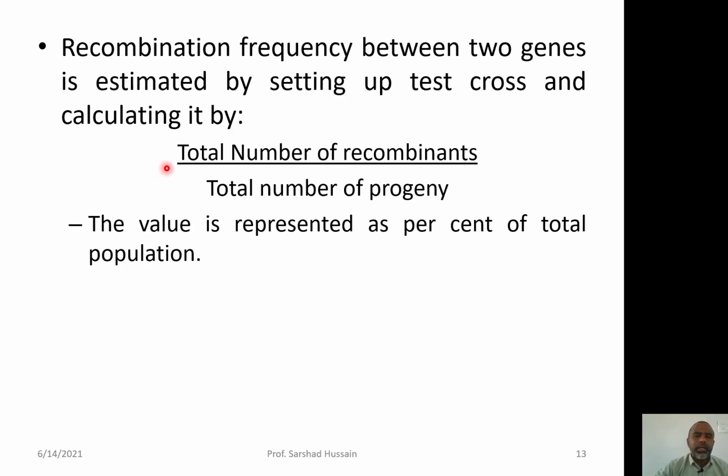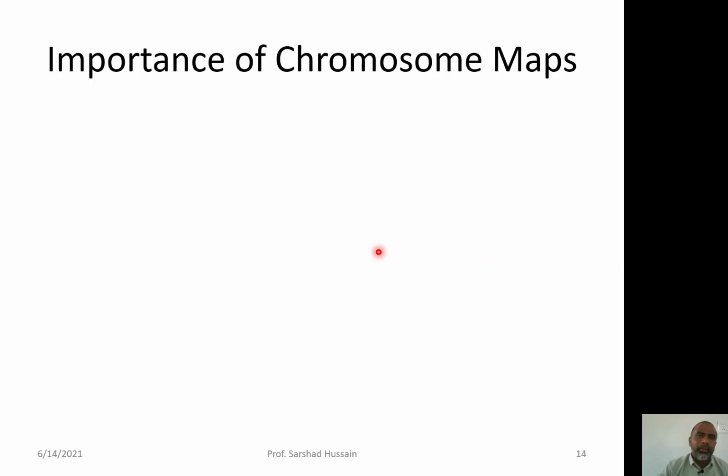When you test cross, you can calculate the recombination frequency from the total number of recombinants: after crossing, how many recombinants there are and what was the total number of progeny produced. The value is represented as a percent of the total population. You place the value in percent and indicate it on the chromosome map in a percent manner.